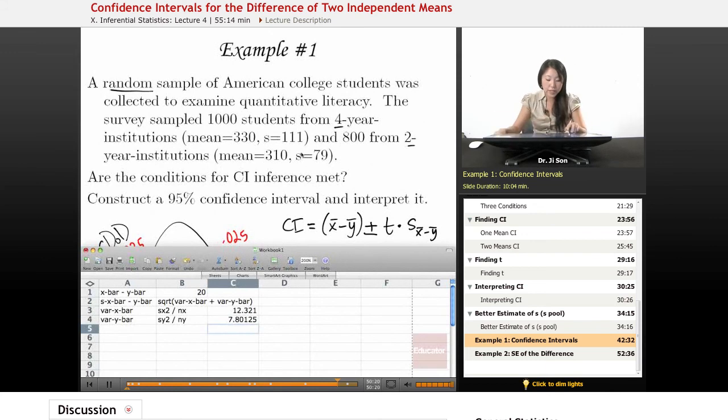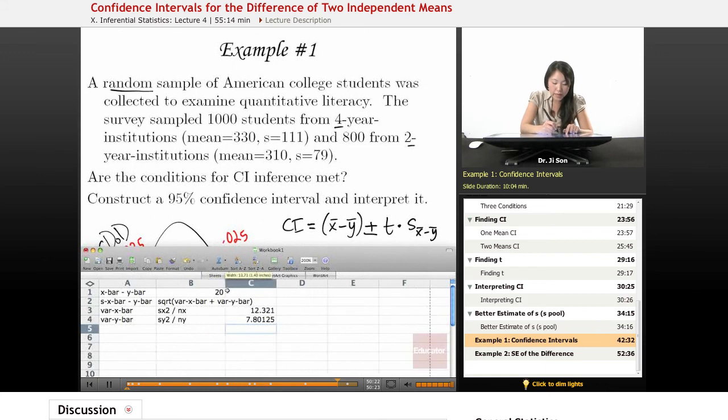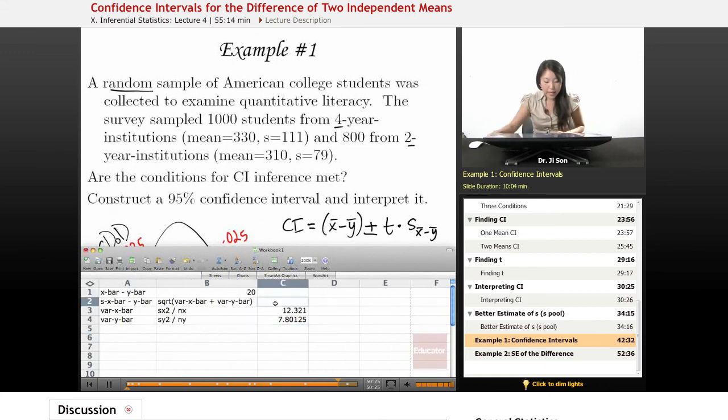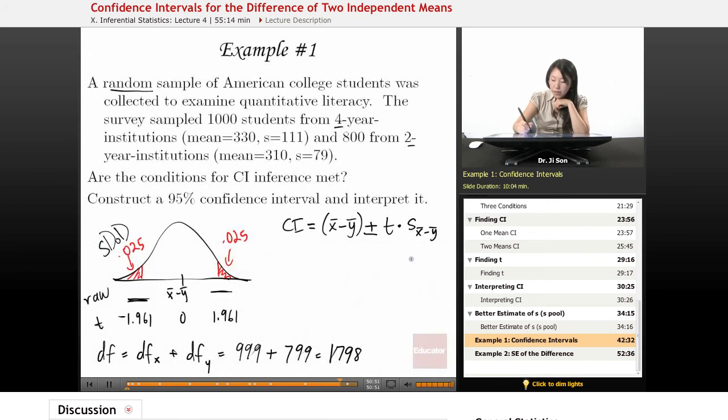So now I have these two things, and what I need to do is go back up here, right, and add these and square root them. So square root this plus this, right? Because I know that this equals that equals that, ta-da. Okay, so we have our standard error, which is 4.49. 4.49, and this is 20, right?